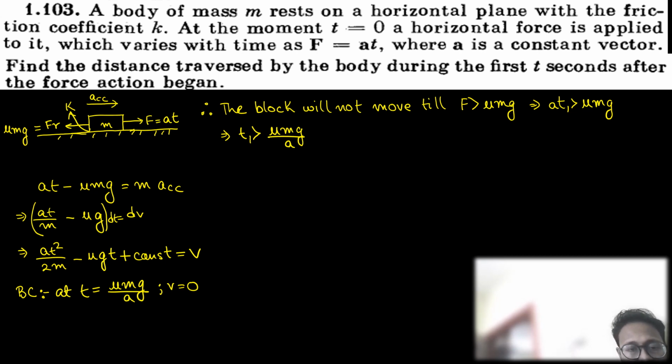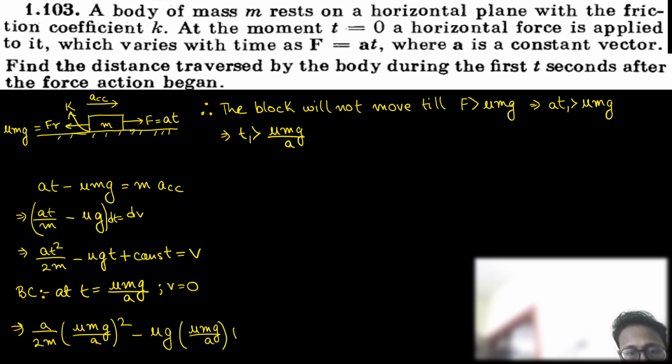So put the value of t here: A by 2m into (mu mg by A) square. I'm just substituting the value of t square, and the value of t in this equation, minus mu g into mu mg by A, plus constant is equal to the value of velocity, 0.